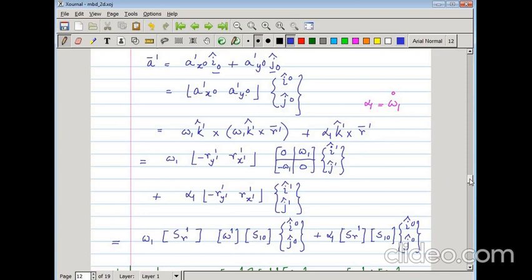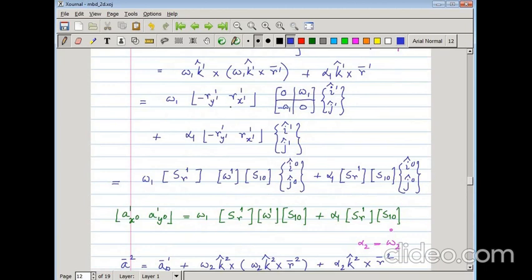So now here this is omega 1, this is SR1, this is the omega 1 matrix, this is the omega 1 matrix.